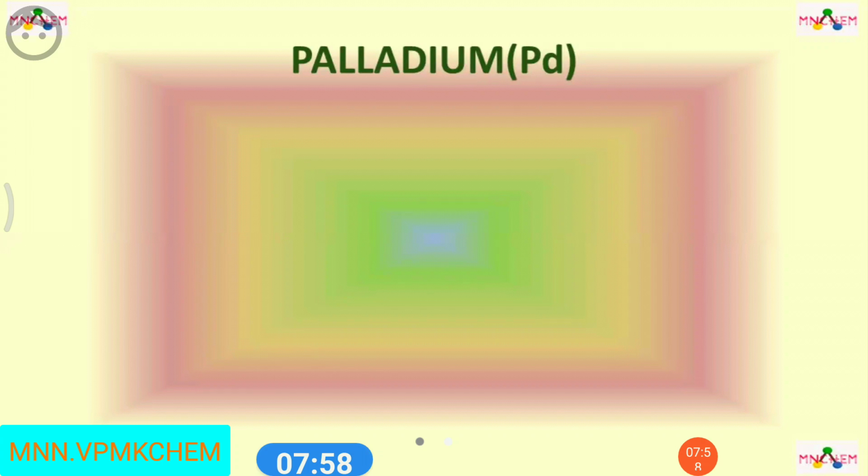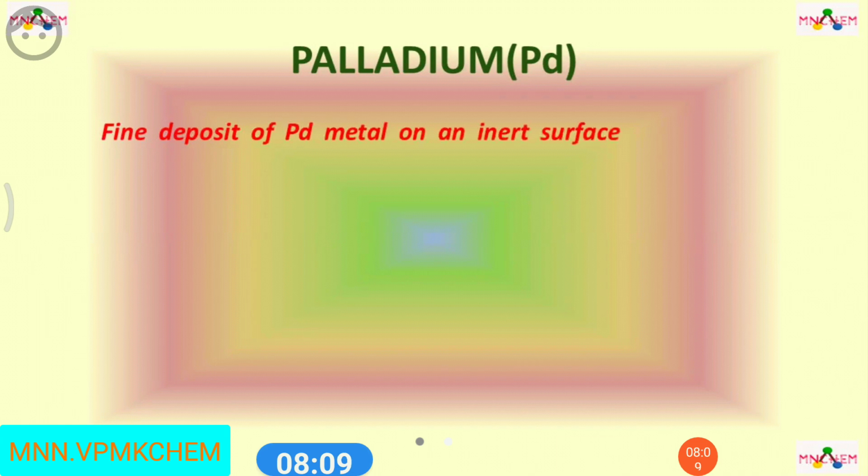Next, we are going to discuss use of palladium for hydrogenation or reduction reactions. Palladium is mostly used in the form of a fine deposit on an inert surface, and it is used for different reduction reactions.